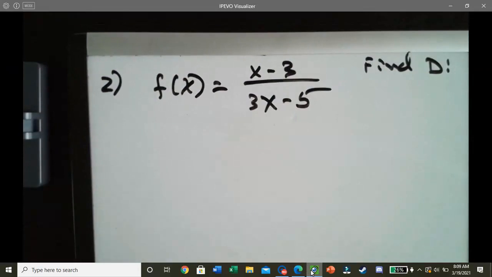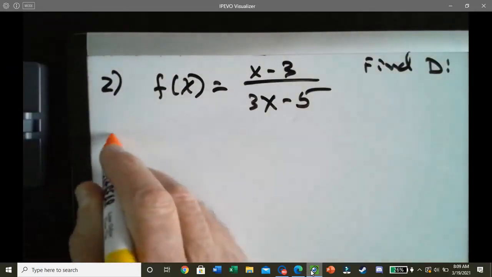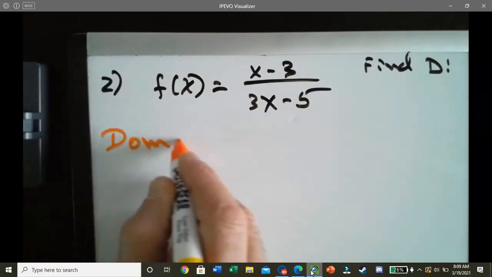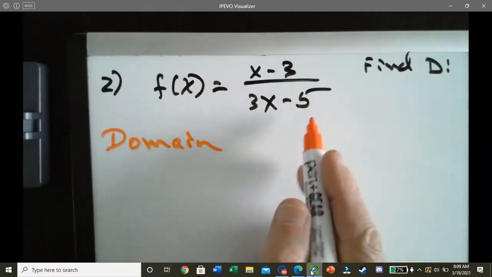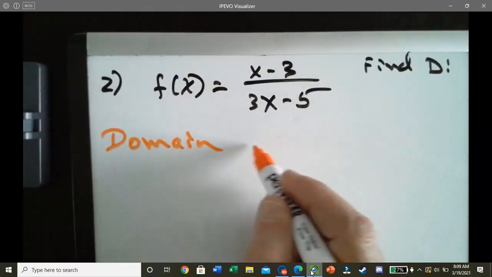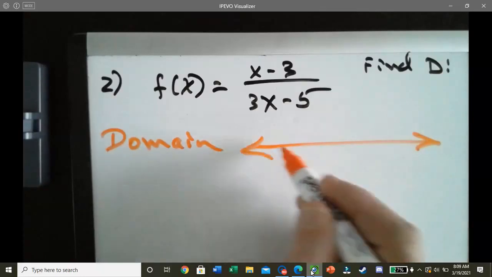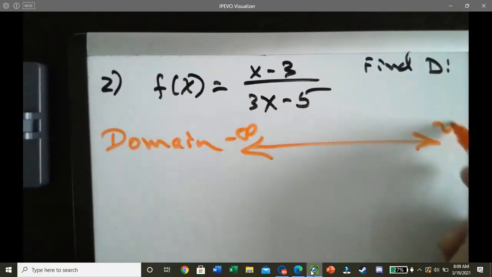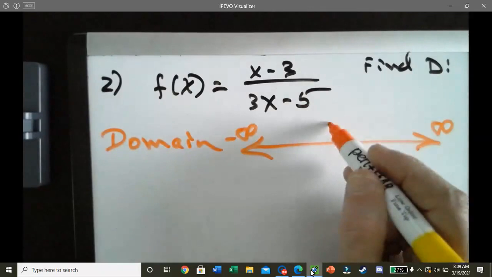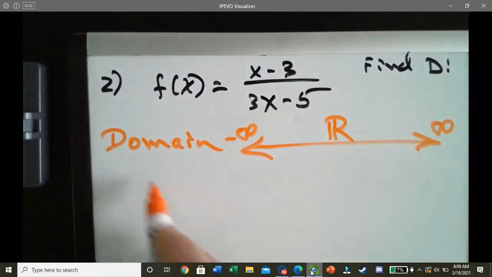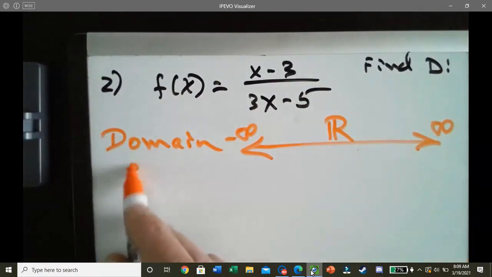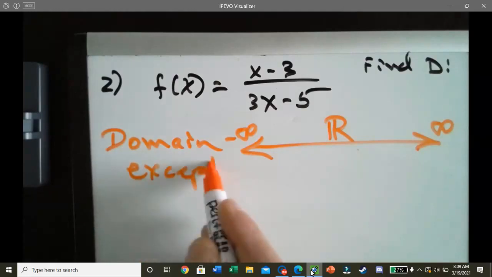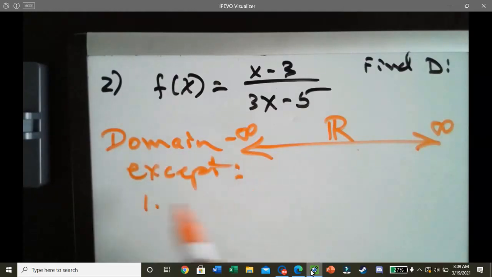With domain, we can assume the domain is all real numbers, okay, except two cases. What's one of them? When x is what? In the radical, right?